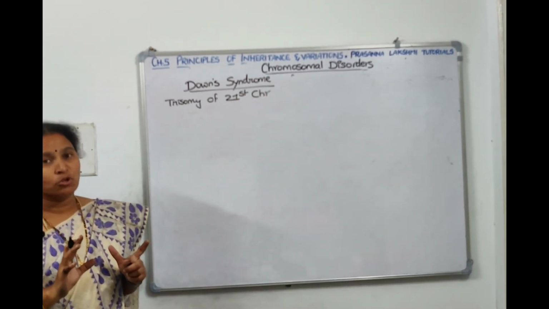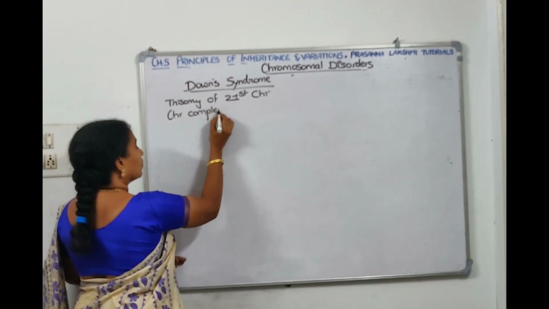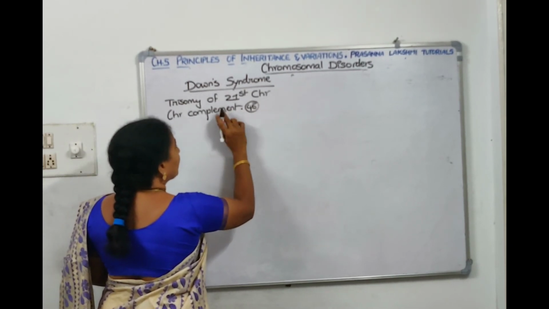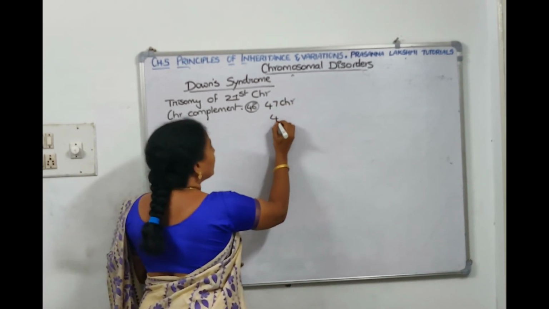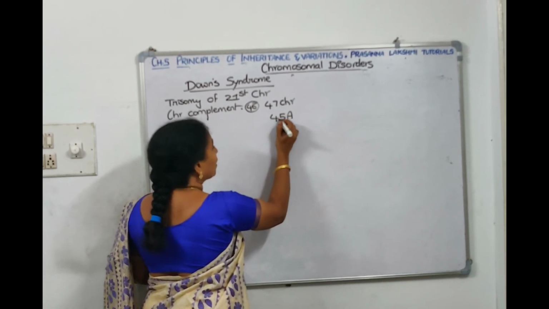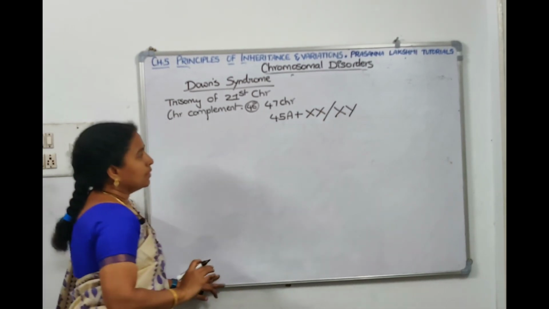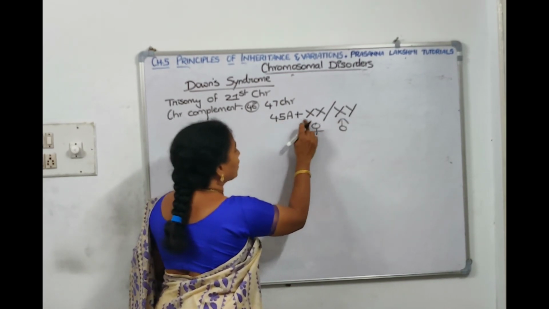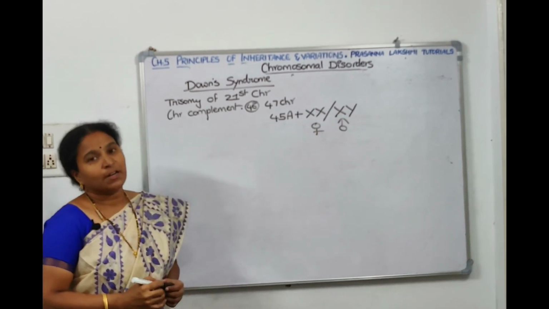If we have to write the chromosomal complement, actually we have 46, but here one chromosome is added, it becomes 47 chromosomes. So 45 are autosomes plus X and X, or it can be X or Y. XX will be for females, XY will be for males. 45, 46, 47. So trisomy of the 21st chromosome.